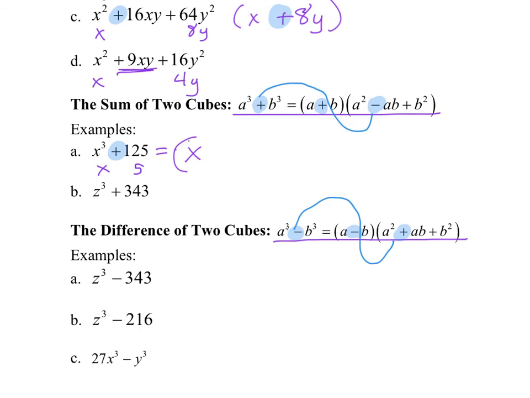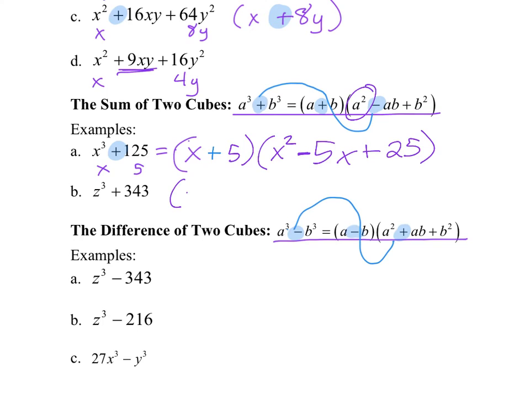So it's going to be x plus 5. And then it's going to be x squared, right? A squared. Flip the symbol, minus a times b. Well, a is x and b is 5, so this is just 5x. Plus b squared, which is 5 squared, or 25.